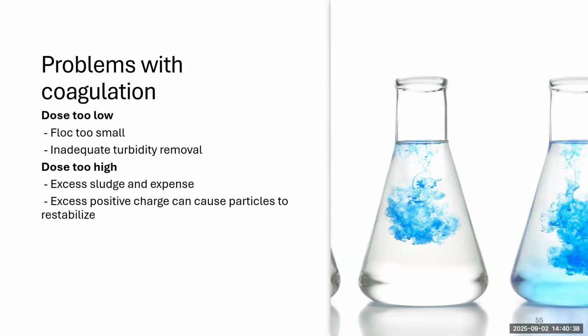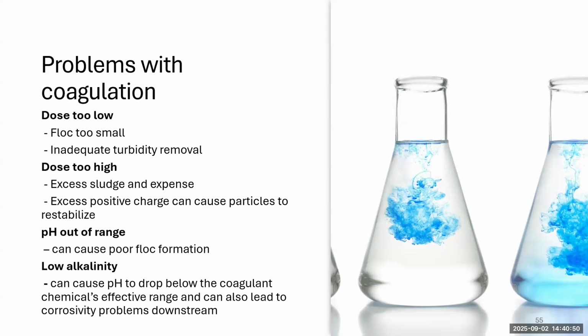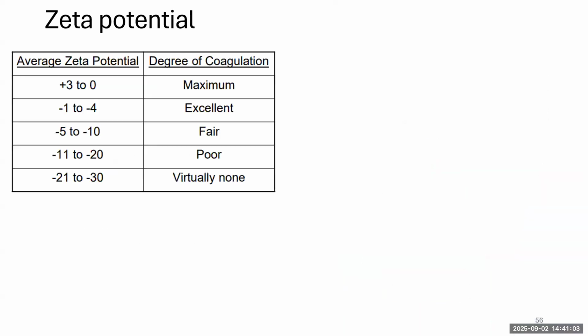In other words, they go back to where they were before you started, and so you can end up getting high turbidity in the filter. If the pH is out of range, it can lead to poor flock formation. And if you have low alkalinity with certain coagulants, it can cause a pH drop below the effective level of the coagulant and lead to corrosivity problems downstream. So those are the main problems.